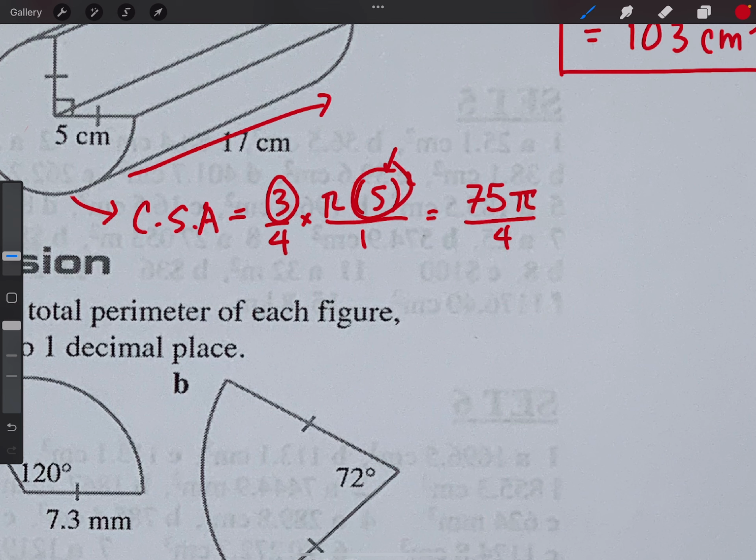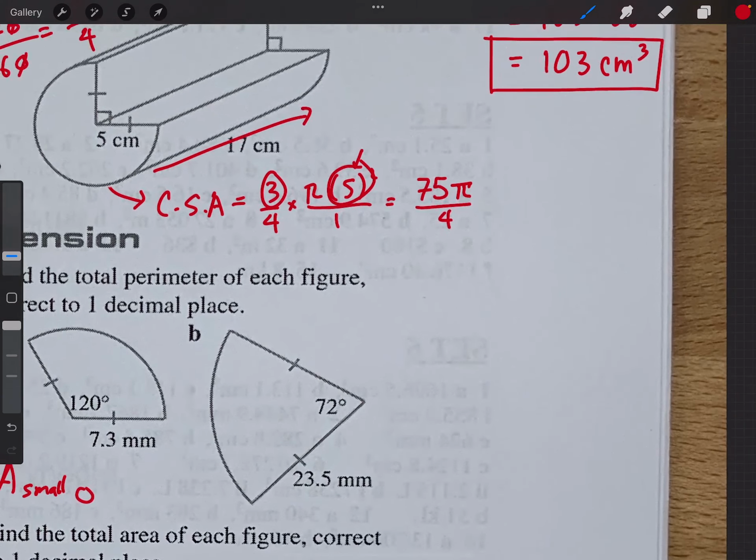There's your cross-section area. Now to find the volume, we must do 75 pi on 4 and multiply by 17.